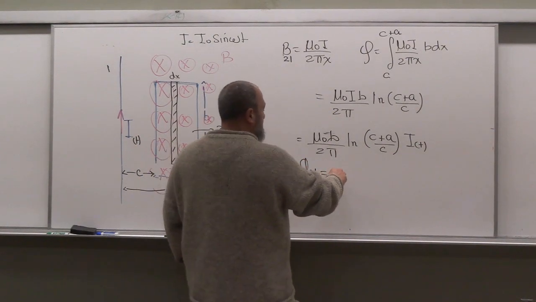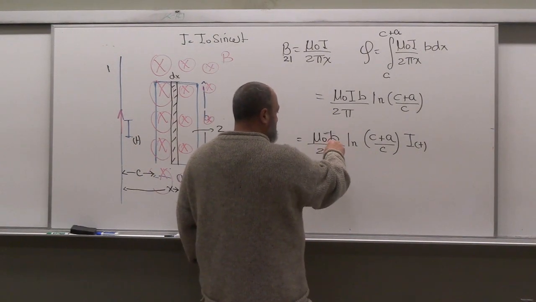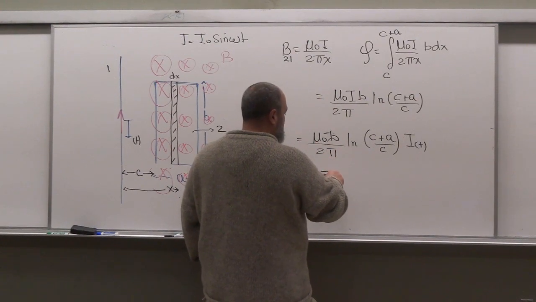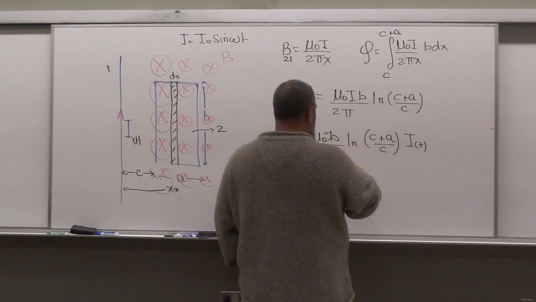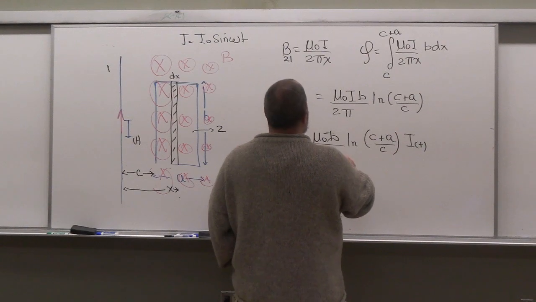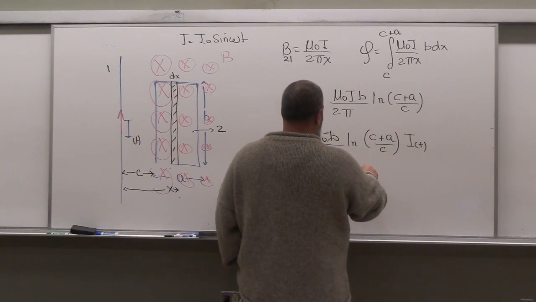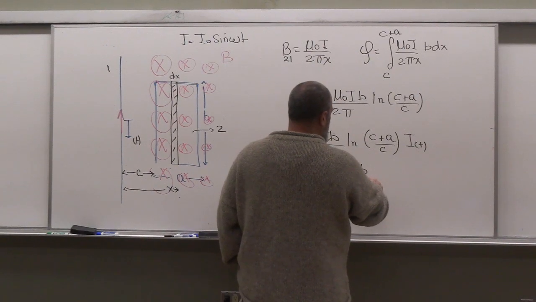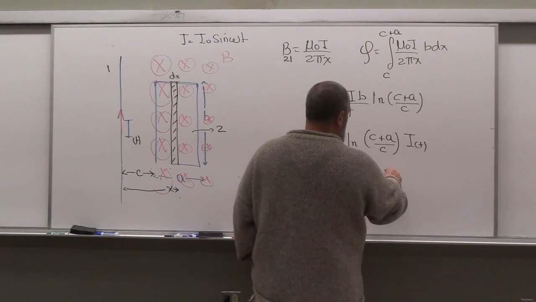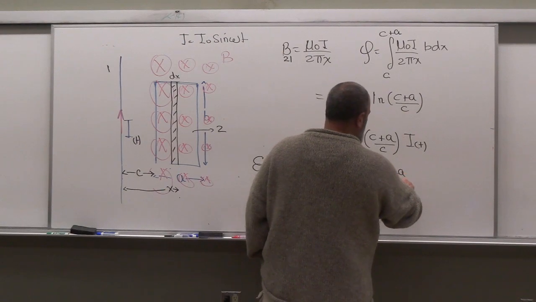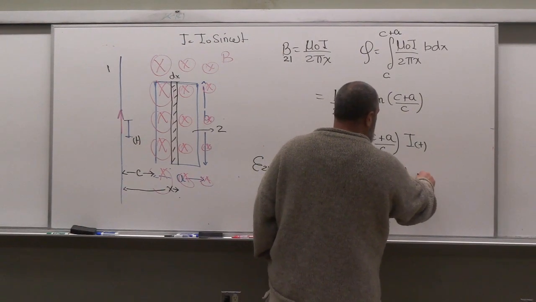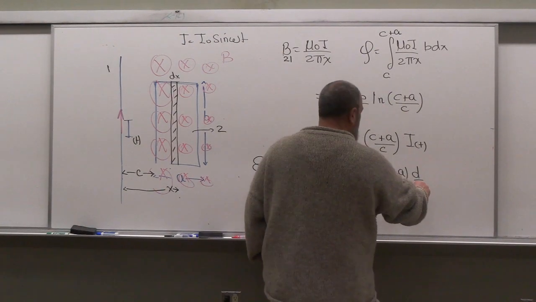So what this ends up being is minus d phi by dt, so minus mu naught b over 2 pi ln of (C plus A) over C, multiplied by d by dt of I.